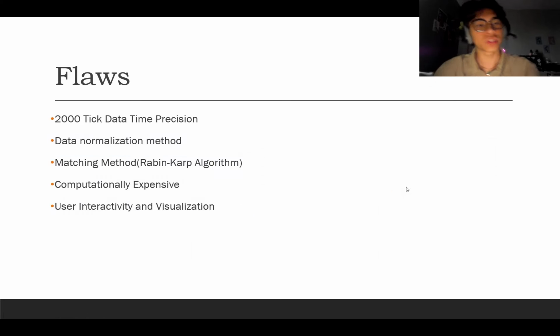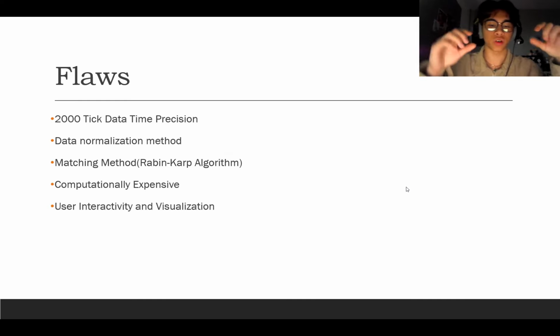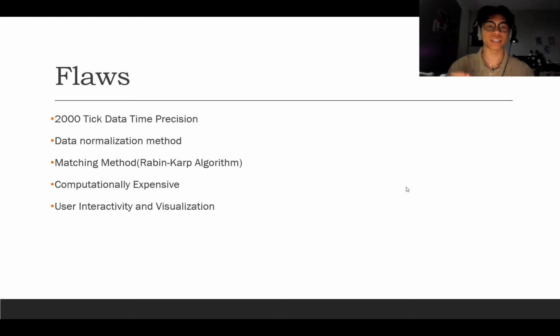So now the flaws. First, tick data. Right now, Thinkorswim doesn't have super precise time measurements. It only has precision up to the exact minute. But for ticks, sometimes ticks form so fast that they form multiple within the same minute.